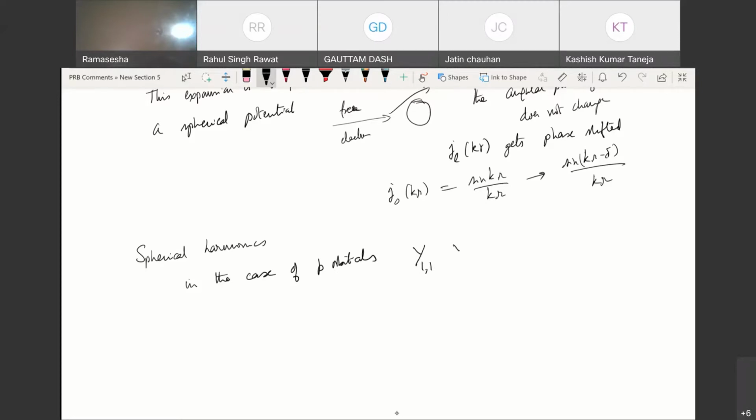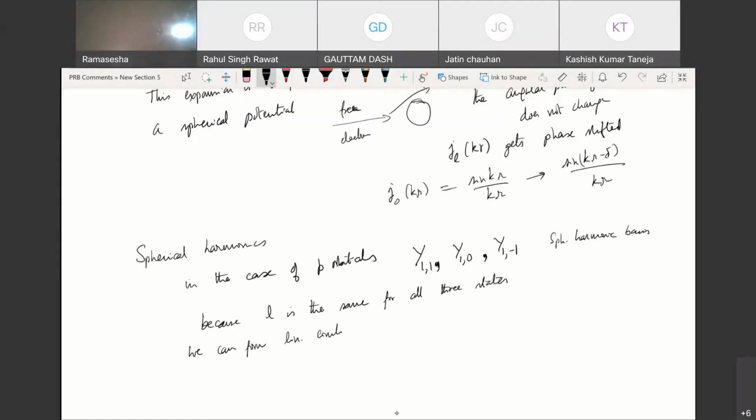Okay. You can actually learn about angular momentum states, and what you have, if you want to see, because L is a good quantum number for all three states, we can form linear combinations, and also the p orbitals.